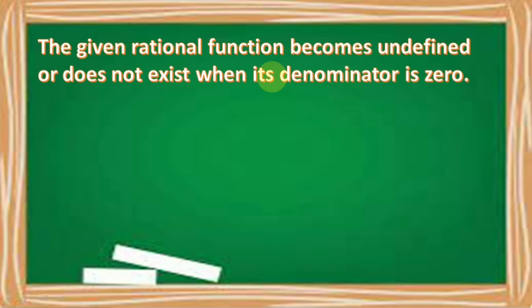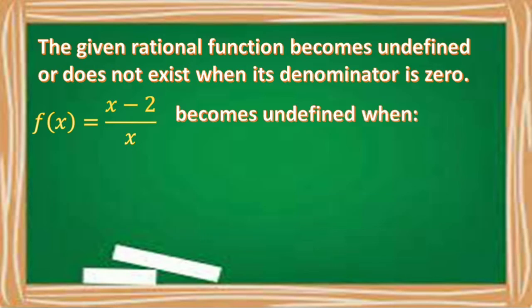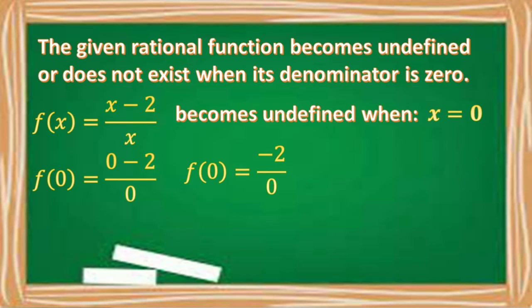The given rational function becomes undefined or does not exist when its denominator is 0. Let's have some examples. f of x equals x minus 2 over x becomes undefined when x equals 0, because 0 minus 2 over 0 equals -2 over 0.